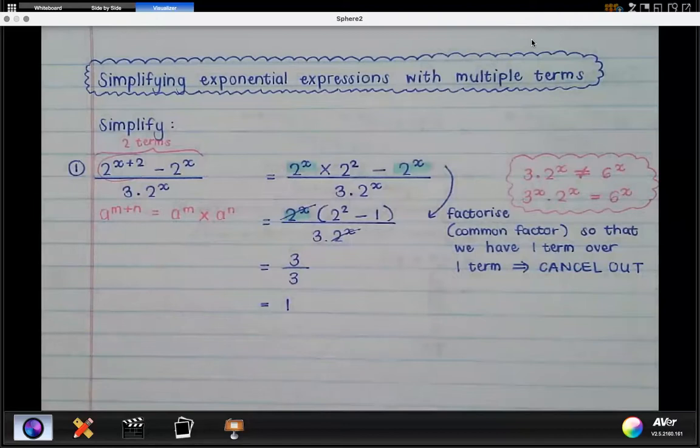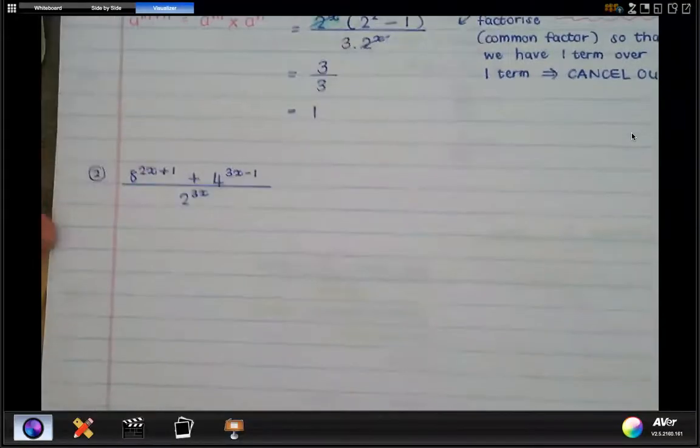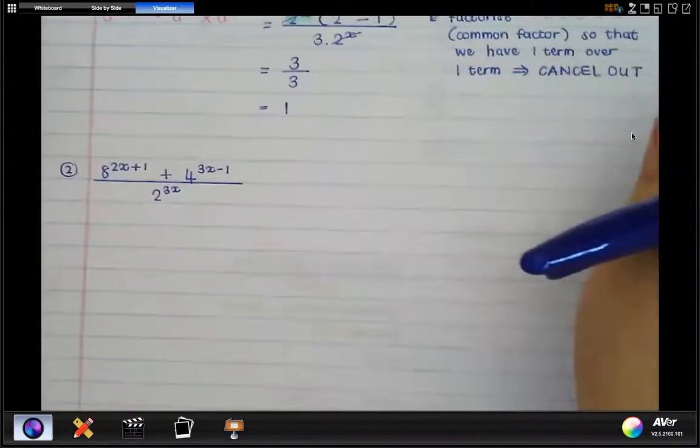Don't even have any on the revision side. That's odd. Okay, I'm just going to pause here and find one in a different worksheet, okay? Okay, I managed to find one on that top worksheet. So this is the next example. You can just copy that down and then we'll do that one.